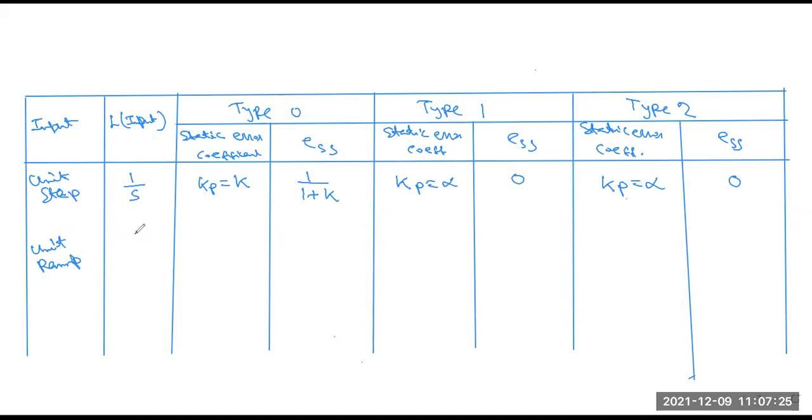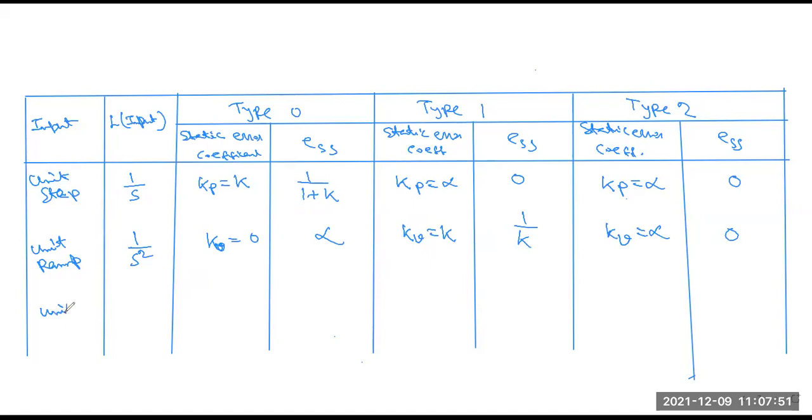We know that the Laplace is 1 by s square. The velocity constant kv is equal to 0 here, and the error is infinite. Type 1, kv equals k, steady state error is 1 by k. And type 2, kv is infinite and error is 0.